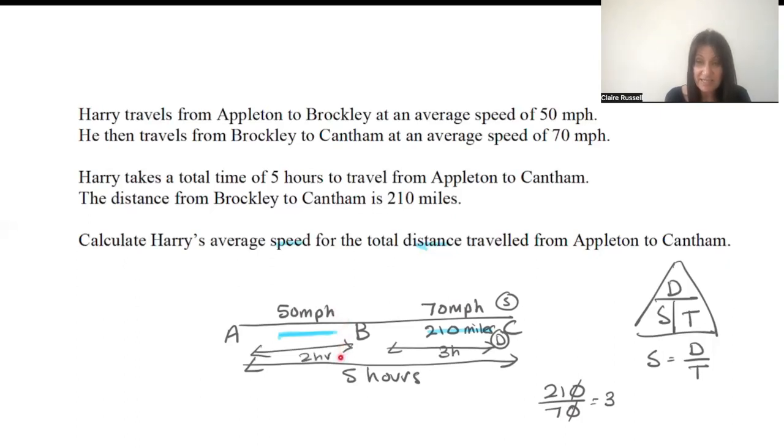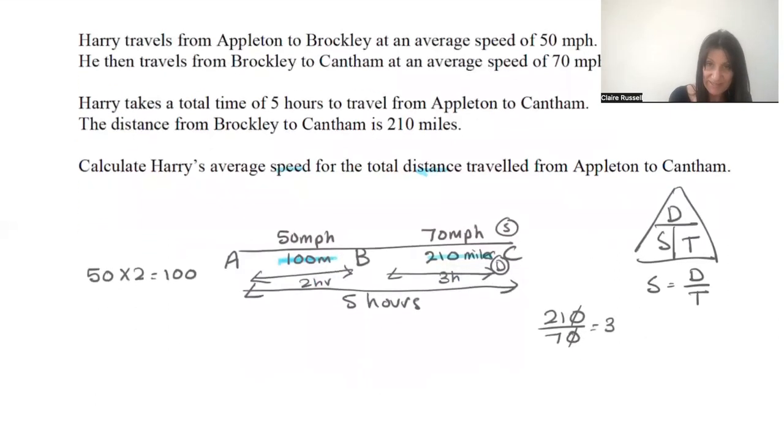All right, the distance is found by doing speed times time. So we've got a speed of 50. We are timesing that through by 2, and that gives me 100. So I now know that the distance traveled in this section is 100 miles. So let's just move that up a little bit.